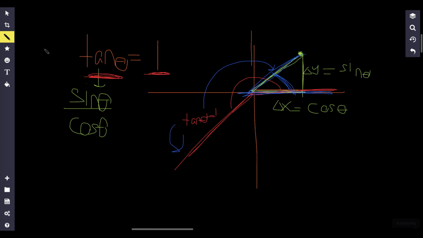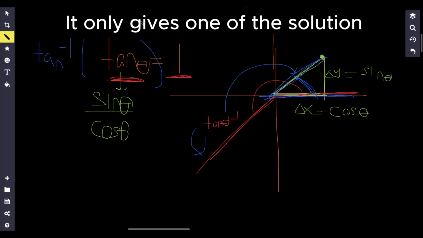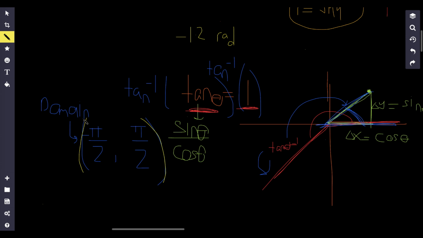However, when I take inverse tangent on both sides, the thing about inverse tangent is that it's restricted to a specific domain, from negative pi over 2 to pi over 2. I will make a video covering this soon.